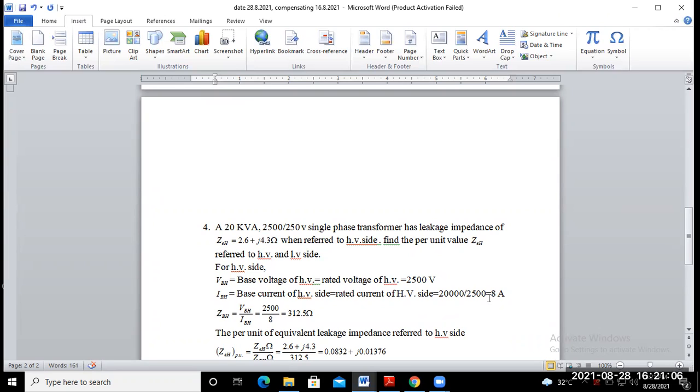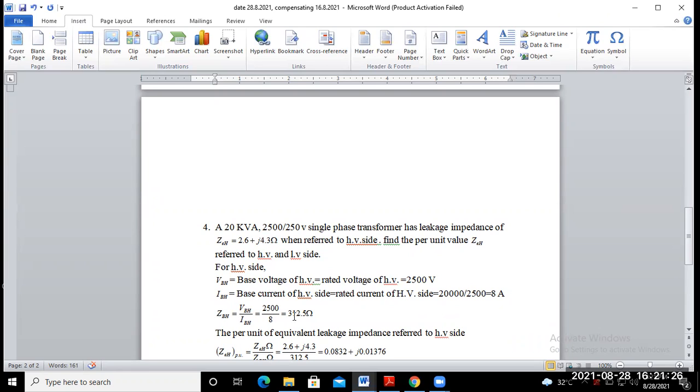You already found the current on the high voltage side, and you already chose the base voltage. So ZBH equal to VBH by IBH, that is nothing but 2,500 divided by 8.